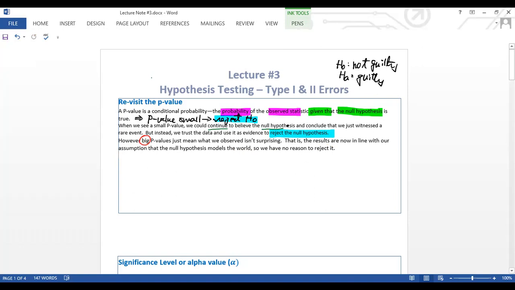So it's not surprising, so you cannot say, oh, I reject H0. He could be not guilty and we just matched the hair, because black hair is very, very common. It's not surprising here, so we have no reason to reject it, correct?